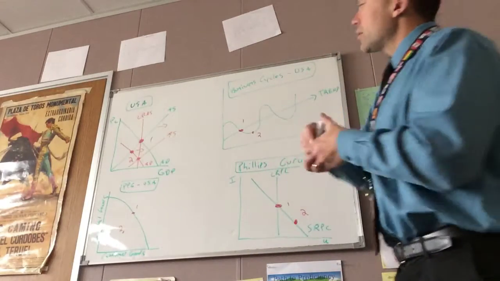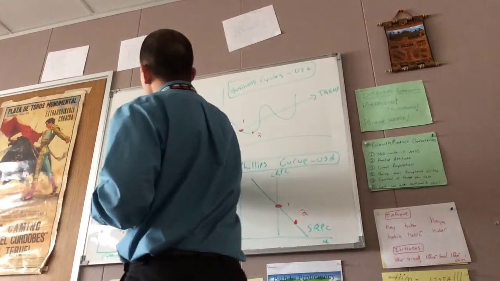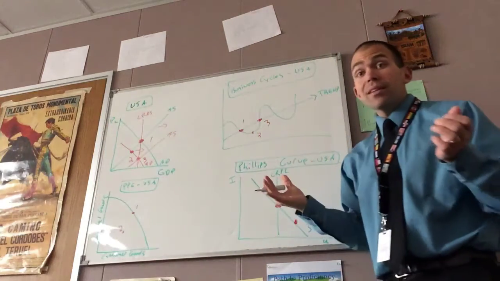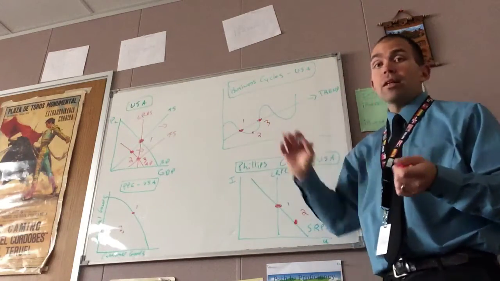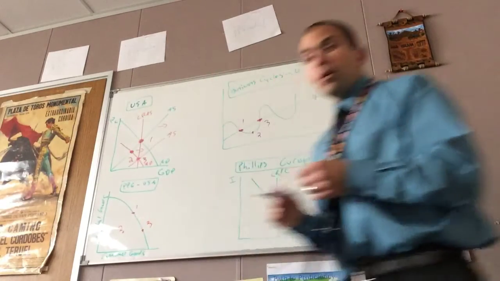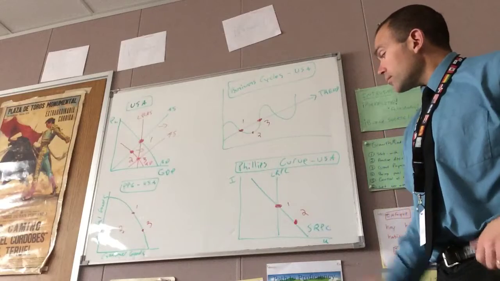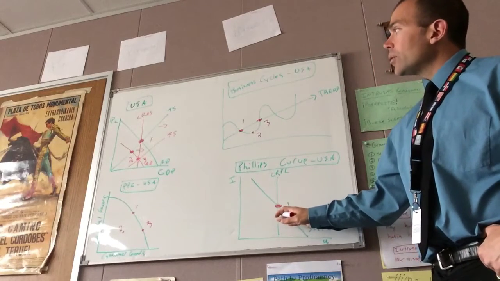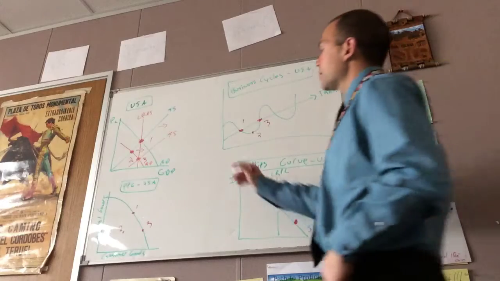Now, where is this 3? This is 3. Well, we're back here. We're back to full employment. That makes sense, right? We're back on the line, which is the trend line, which is full employment. We're also back here. Back to full employment. Now, we got to get back here. How are we going to do it? Well, take a look at this.